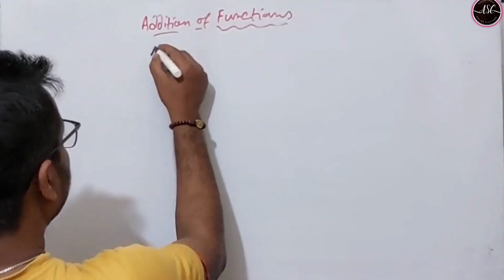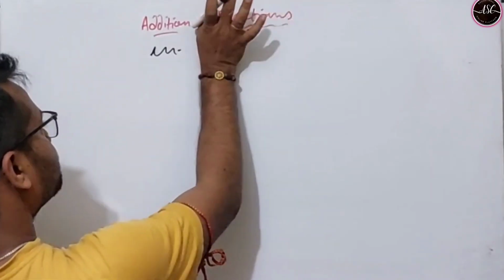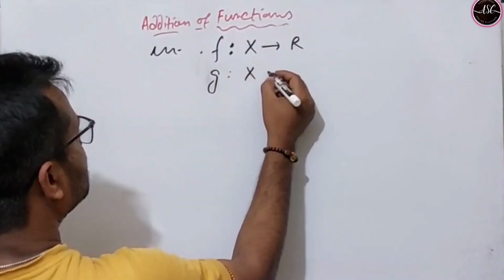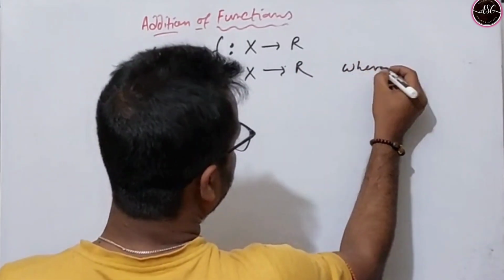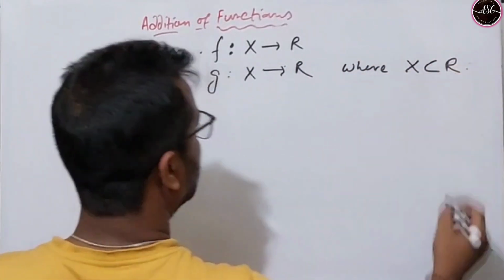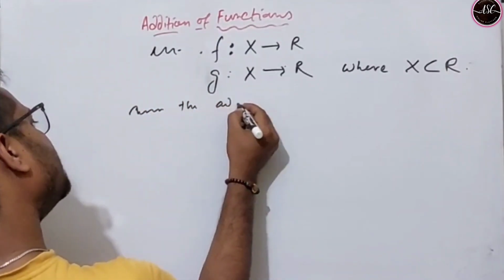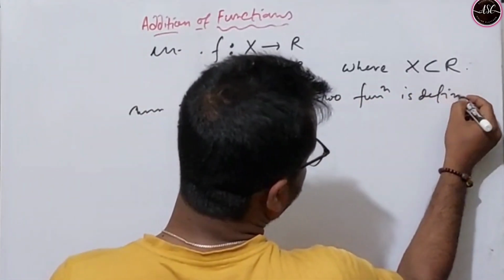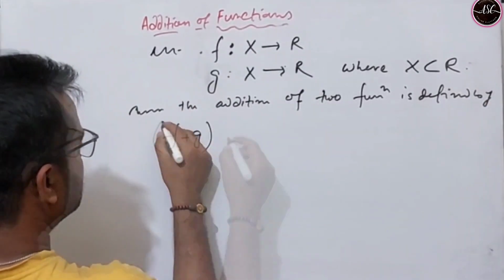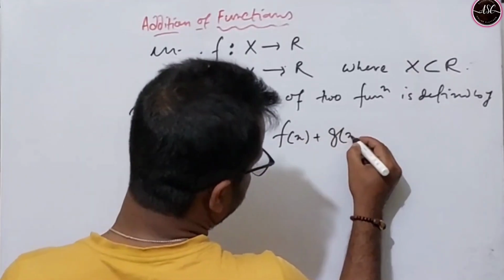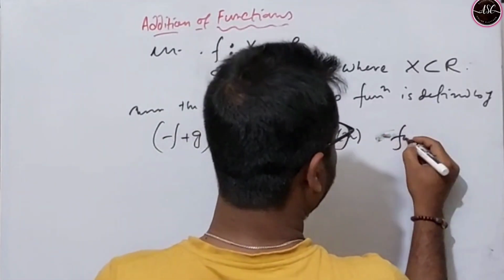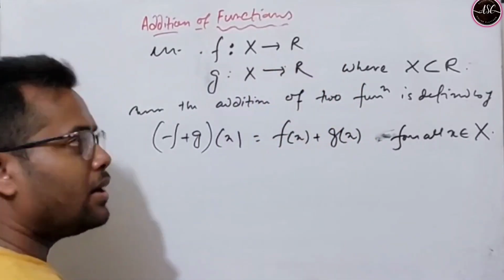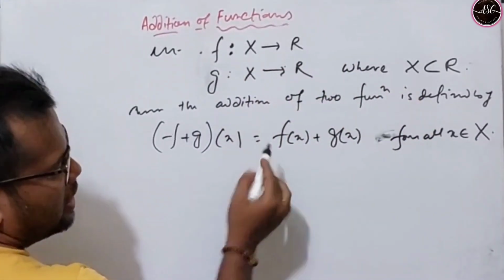So let f be a function from X to R, and g also a function from X to R, where X is a subset of R. Then the addition of two functions is defined by (f + g)(x) equal to f(x) plus g(x) for all x belonging to X. Simple matter.